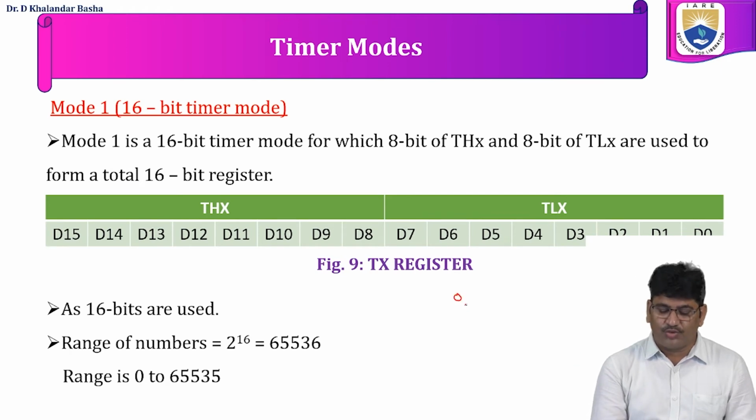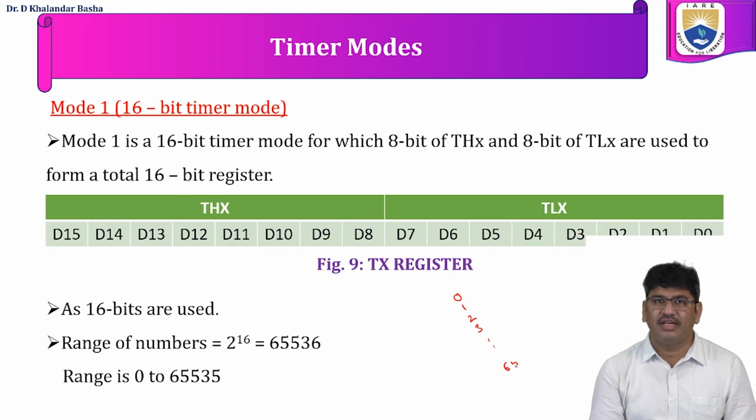The count will start from 0, 1, 2, 3 like this. The maximum value we can have is 65536 minus 1 because 0 is included, which is resulting the maximum count we can have is 65535. So the range starts from 0 and it will end with the maximum value as 65535 whenever you use the timers in mode 1.